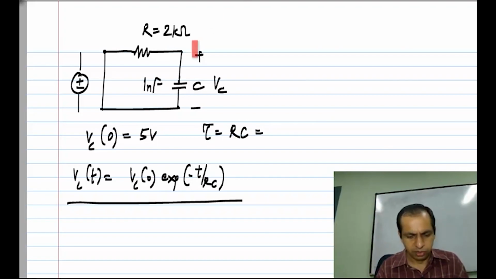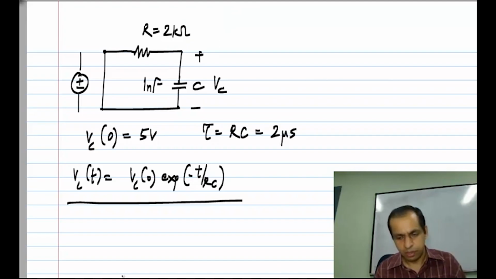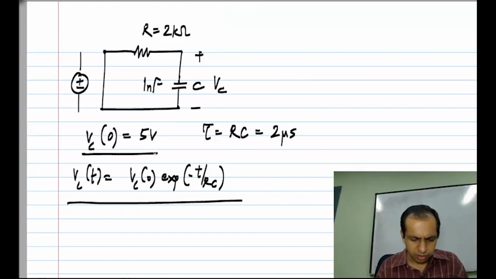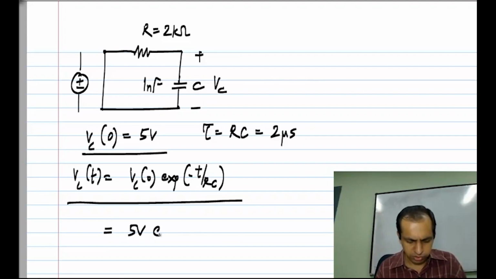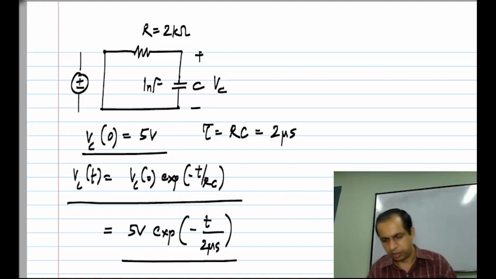Then RC is 2 kilo ohms times 1 nanofarad, which is equal to 2 microseconds. And the initial condition is already given to be 5 volts. So the solution to this is 5 volts exponential minus t by tau, where tau is 2 microseconds.